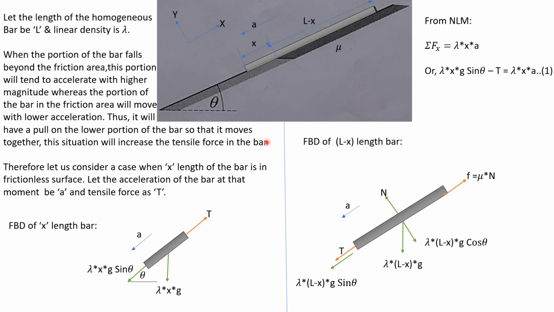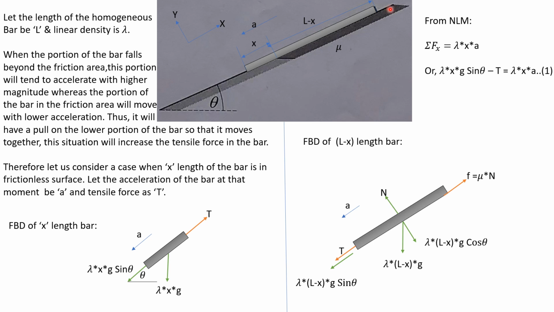Initially, what is happening when the entire bar was on the friction surface, and the bar being homogeneous, each and every point of the bar will be experiencing a friction force opposite to its motion in equal magnitude.